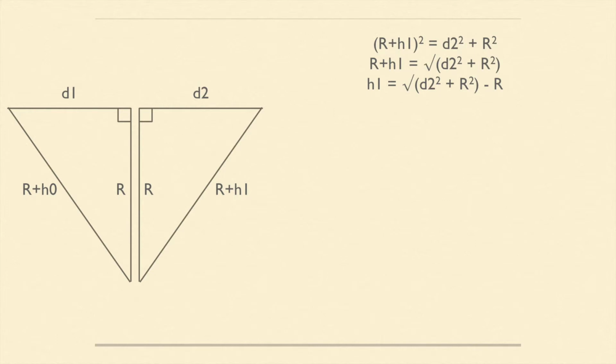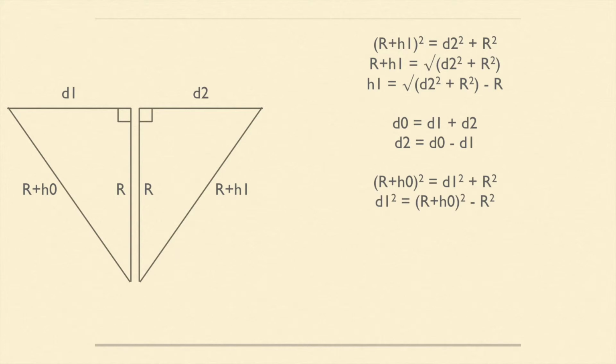We know r, but we don't know d2, so we have to calculate a bit more. We know that d0, which is the total distance to our target, is the sum of d1 plus d2. We can then find d2 as equal to d0, the total distance, minus d1. So according to the first triangle, r plus h0 squared equals d1 squared plus r squared. This is the Pythagorean theorem.